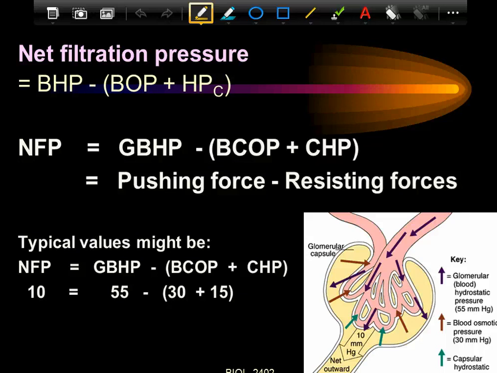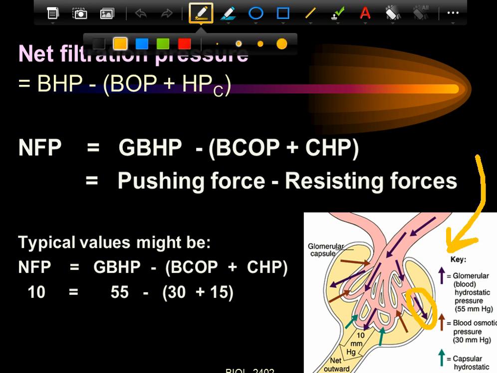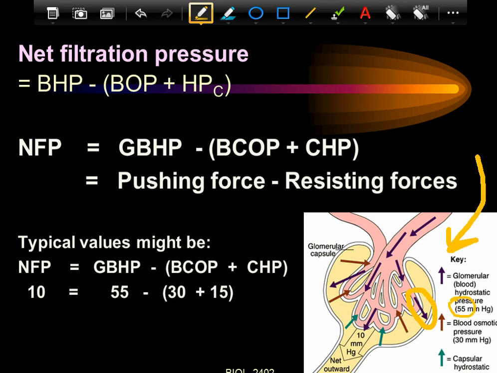If you look at this picture right down here, it is the purple arrow that you see here. It's the outward force. And that outward force is, at least on theirs, around 55. It's not important to know that number, but just keep it in mind.